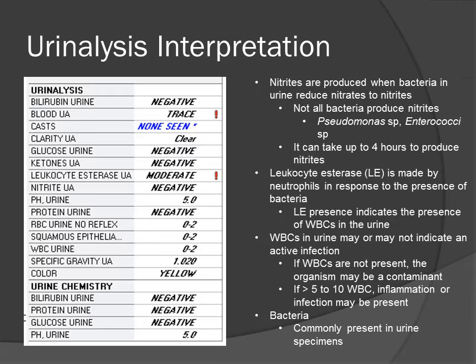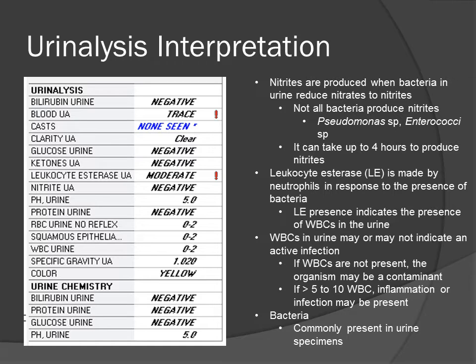A lot of times nephrologists will do urinalysis testing to see if there are specific issues with the urine overall. Bacteria are commonly present in urine specimens, so it's really not something that indicates whether or not you have an infection, especially depending on how the specimen was collected and if there's fecal contamination.